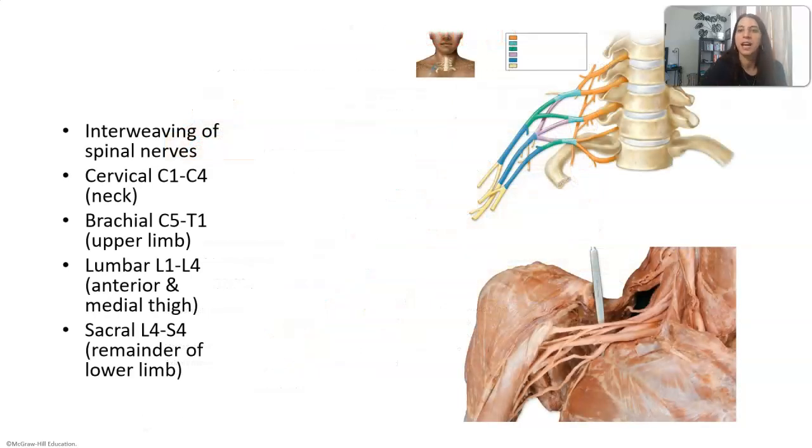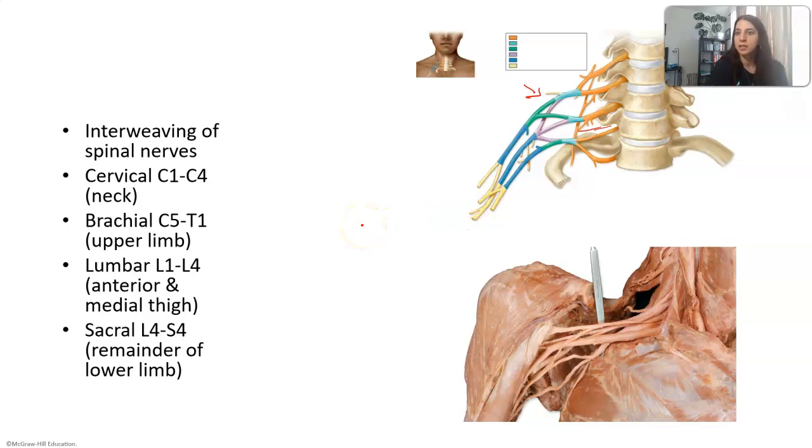So if we look at what a plexus actually looks like, I do not want you to memorize the branches. In the stylized cartoon, it looks like this. Here's your spinal nerve in orange.